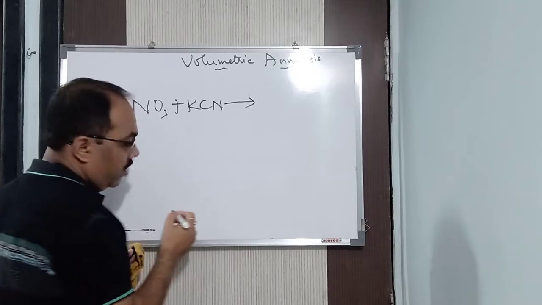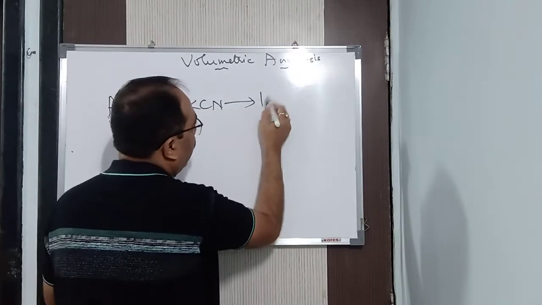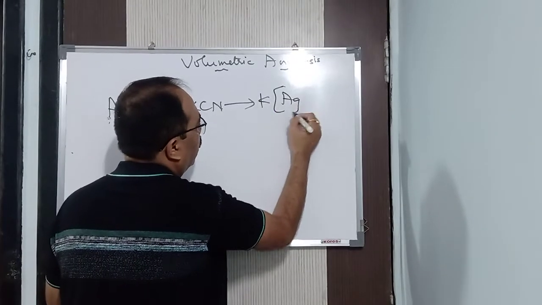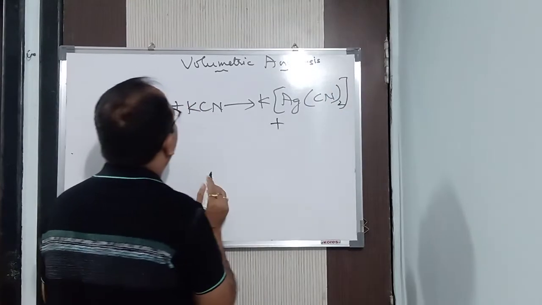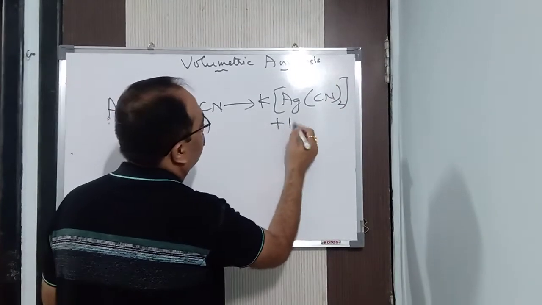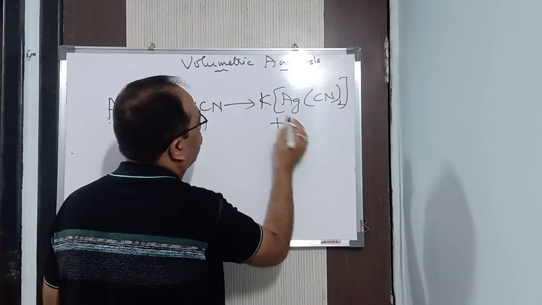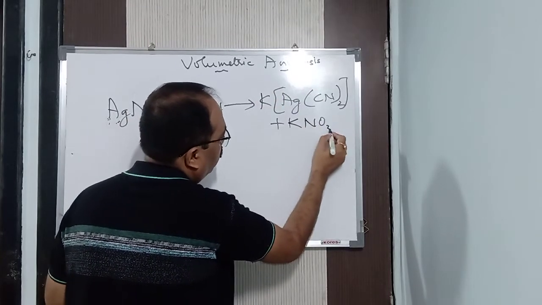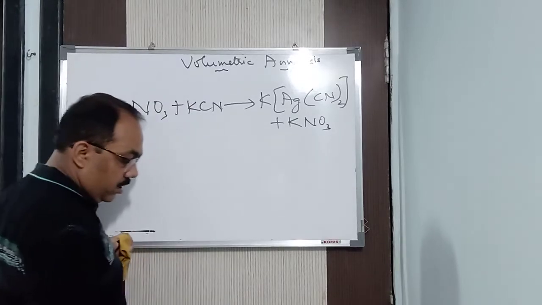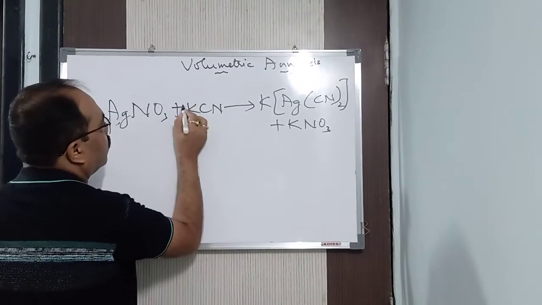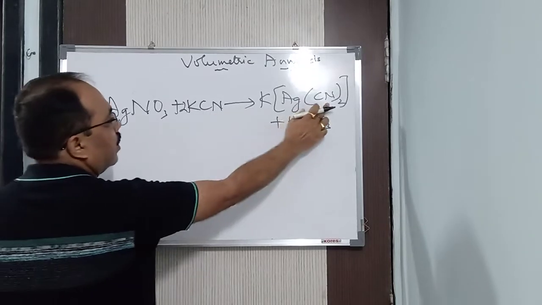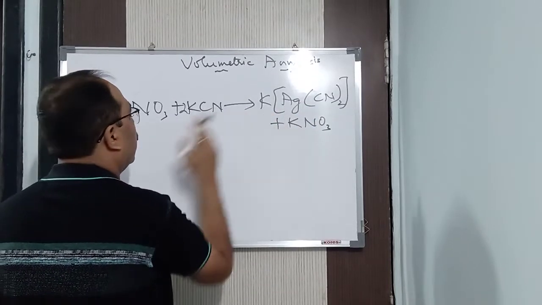What is going to form? It is going to form K[Ag(CN)2], which is a complex, plus KNO3. You will balance it later on. If you balance it, 2 KCN are there, so we get it.